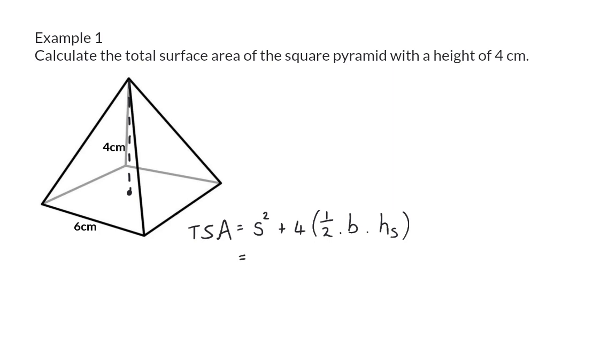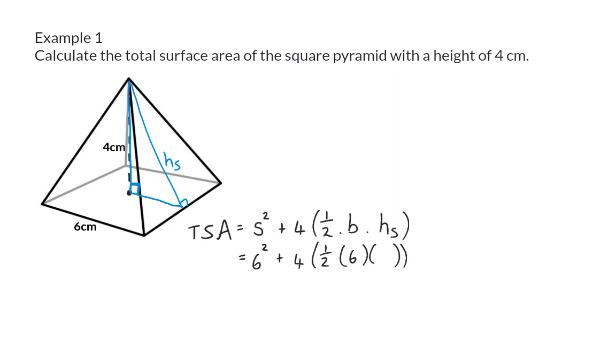So substituting in our values, the sides of the square are all 6 centimeters, and moving to the triangles, the base of each triangle is also 6, but moving to our slant height, we do not have the length of this yet. To calculate this value, you need to be able to see that along with the height of our pyramid, this slant height forms a right-angled triangle.